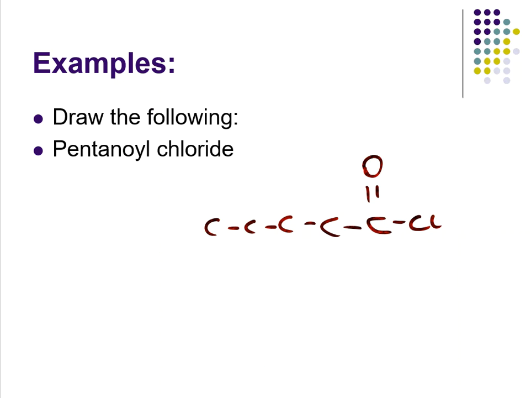Okay, well, what if we had to common name this thing? Let's just review common nomenclature again. It doesn't say that in the example, but let's do it. So 1, 2, 3, 4, 5. This is valer-, and it ends in YL because that's what the IUPAC ended up using, because we are naming an acyl halide.